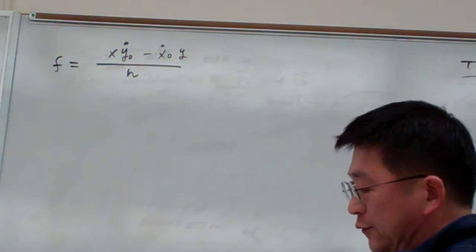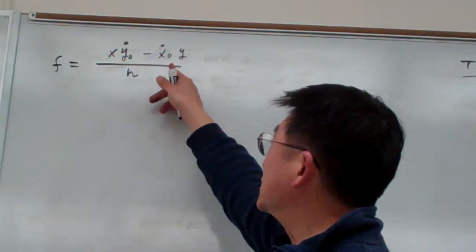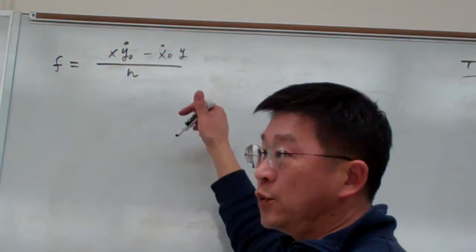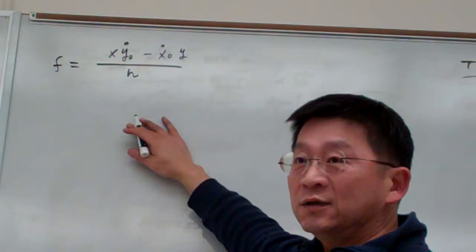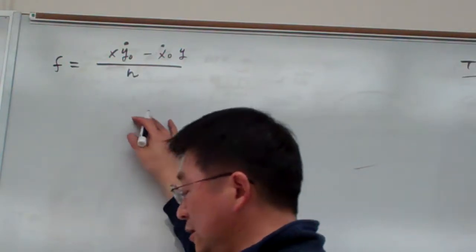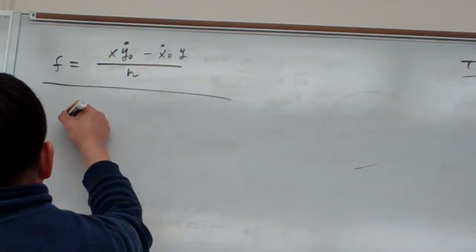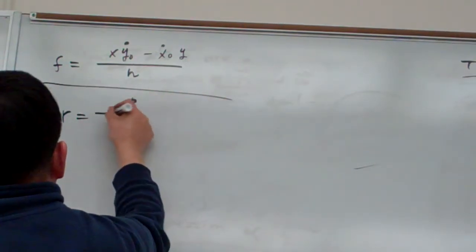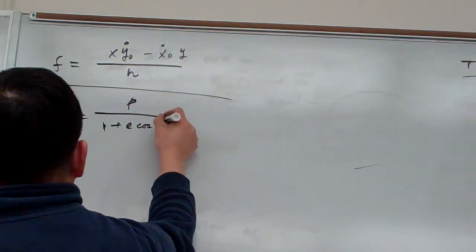So right now my effort is to replace x, y, x dot, y dot, the x, y components, in terms of the x. And this one will go back to using our orbital equations and the beginning of the universal variables. So by the orbital equations, r equals a times 1 minus e squared over 1 plus e cosine nu.